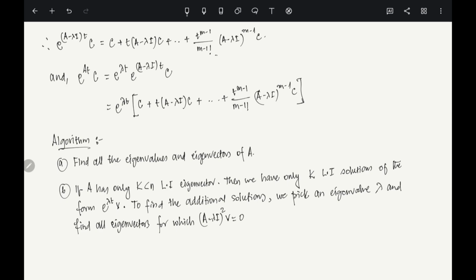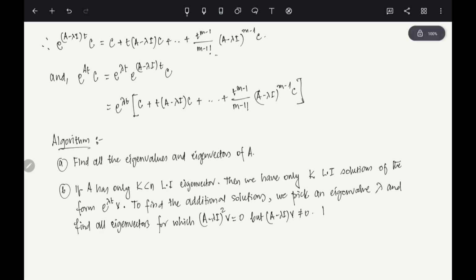This is what we are trying to find, if it is possible. But of course a minus lambda I times v should not be 0. So it should not be an eigenvector in the usual sense. A minus lambda I times v is not 0, but the square part is 0.